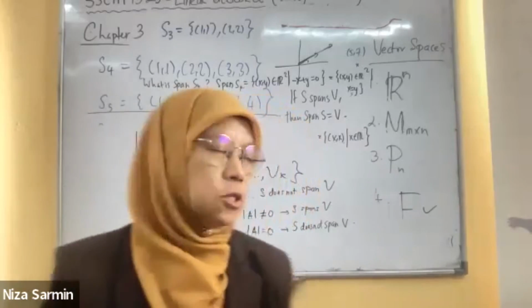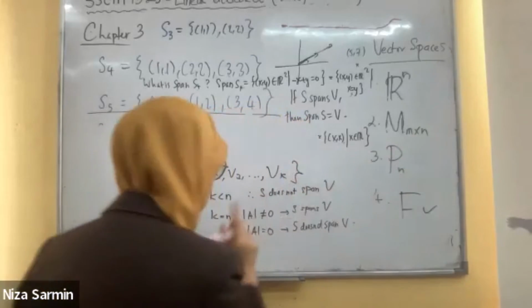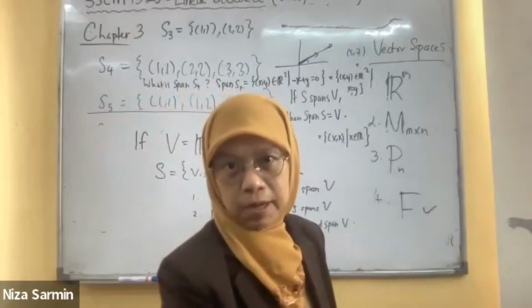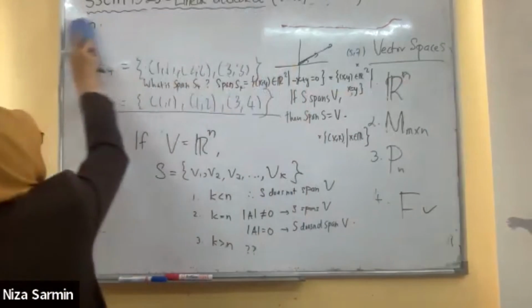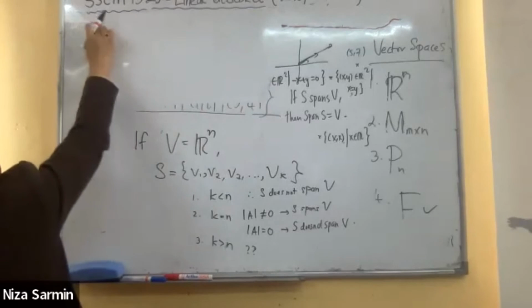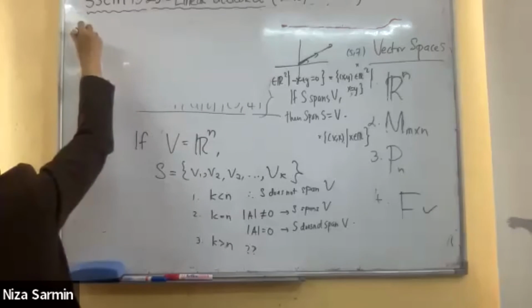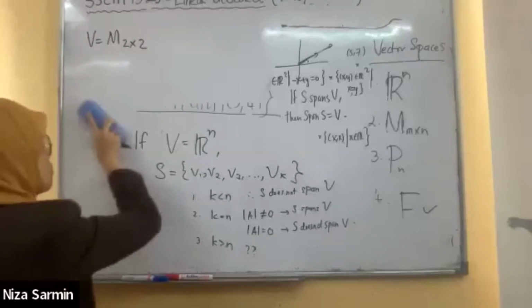Okay. So if I give you this, for example, I will not solve it, but I'll just show you how you will be given for matrix. So for matrix, say V is M2 by 2. Okay.